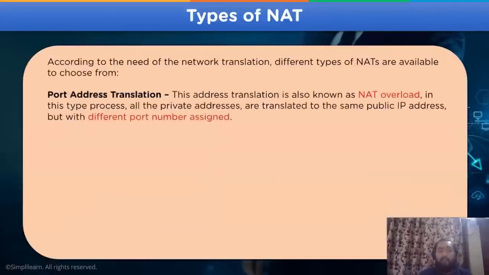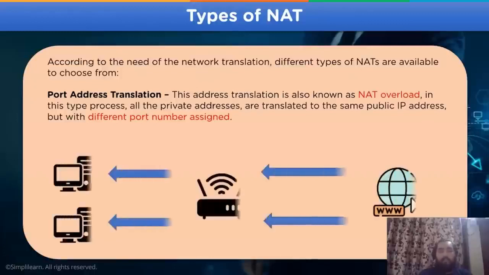This NAT is known as port address translation. In port address translation of NAT, the process takes place something like this. All the available private IP addresses in the private network are converted to a single publicly recognized IP address.